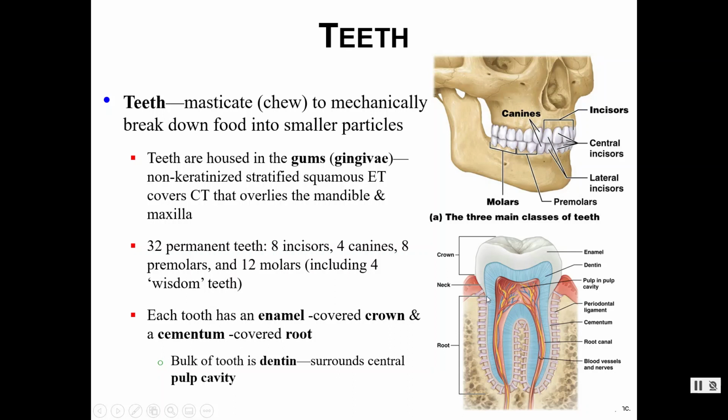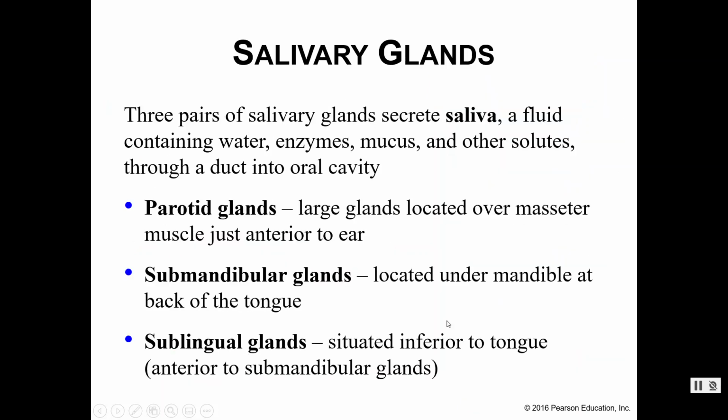If you see these little tiny white strips around it, these are your periodontal ligaments. These got mentioned way back in the discussion on ligaments. These are an example of gomphoses. These are immovable joints. We don't want our teeth wiggling around, right? All right, so that's teeth.